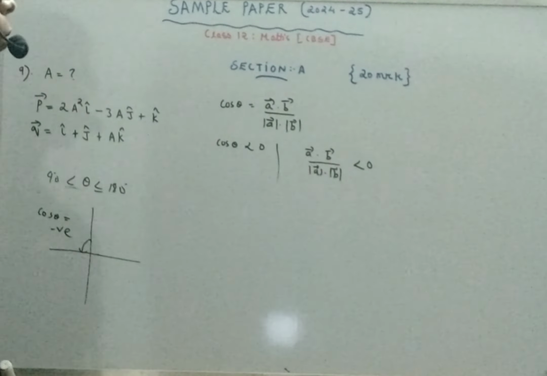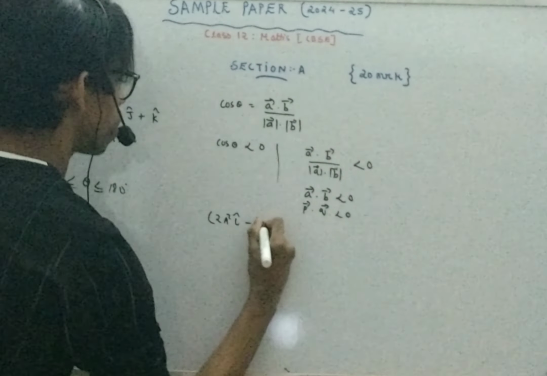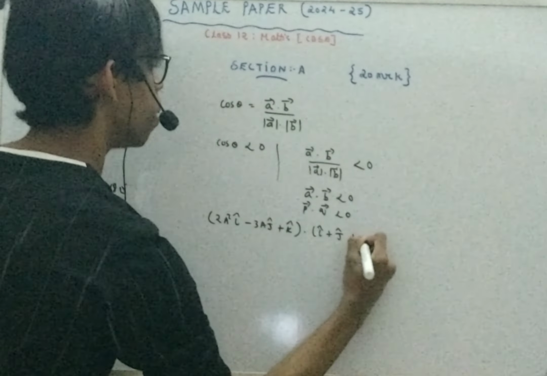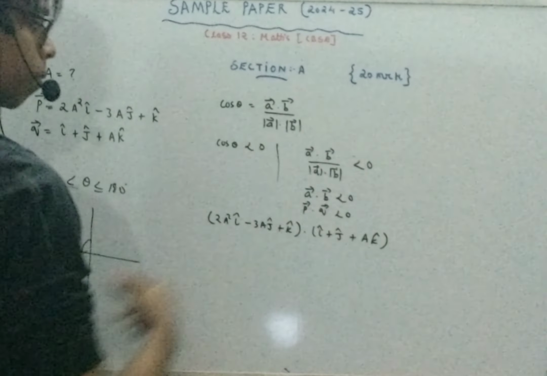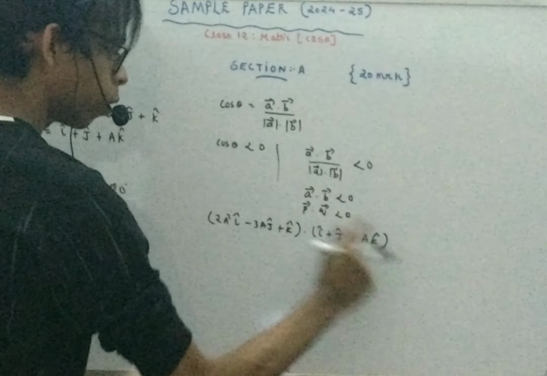Now if you see, it is given that the dot product of the two vectors is less than 0, which means we need to find the dot product of these two vectors. So let us write 2a square i cap minus 3a j cap plus k cap dot i cap plus j cap plus a k cap. We know when we do dot products, i into i is 1, j into j is 1, k into k is 1.